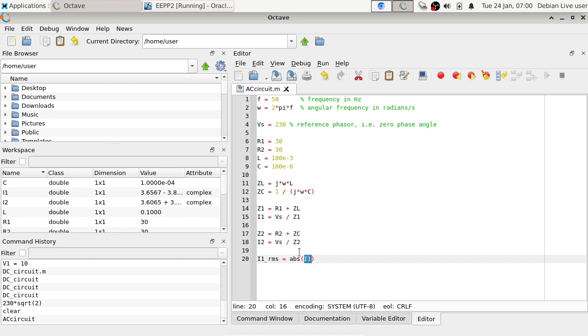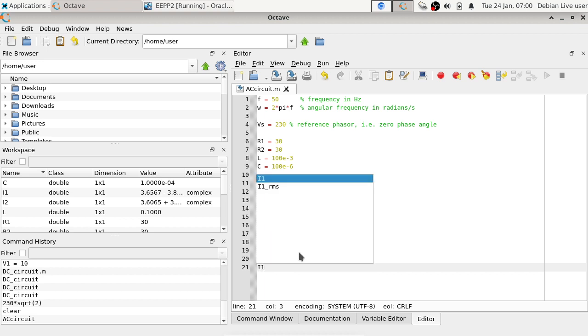So the magnitude of the phasor is the RMS magnitude of the sinusoidal waveform. So if I've got the RMS magnitude, I can then calculate the peak magnitude just by multiplying that by the square root of 2.